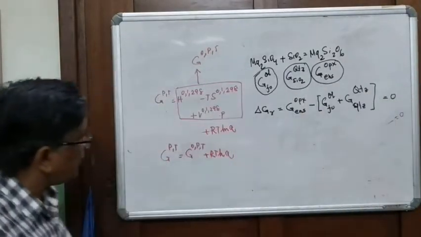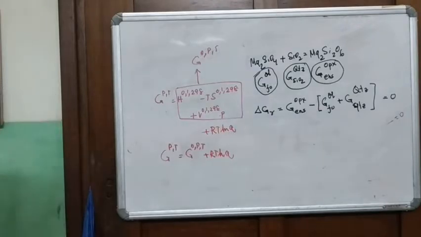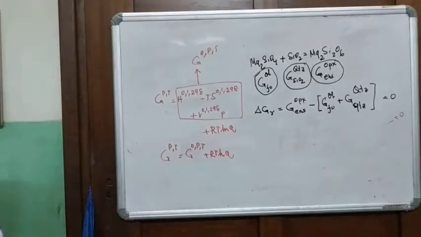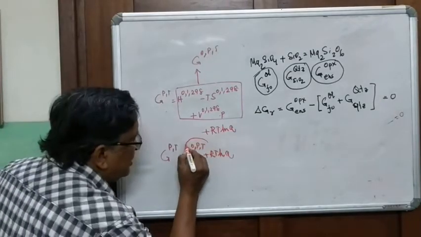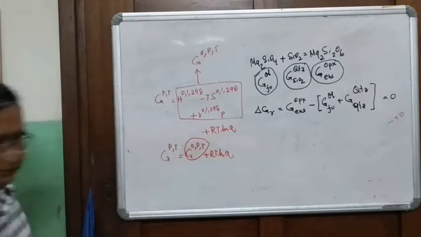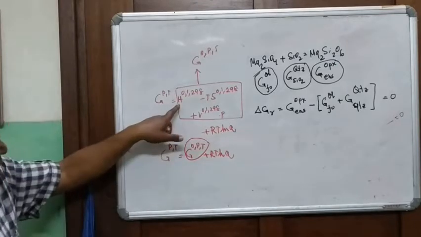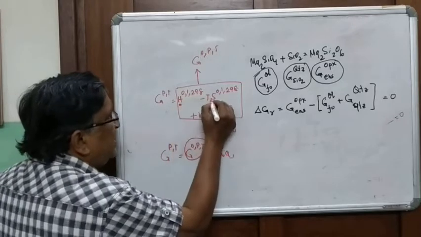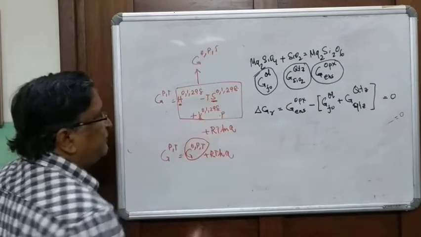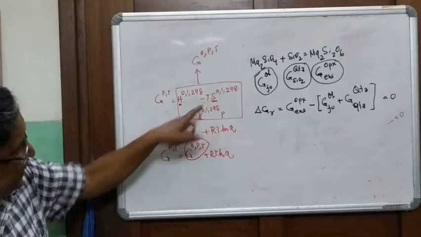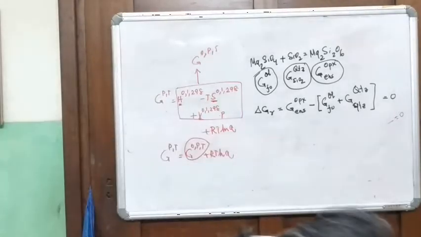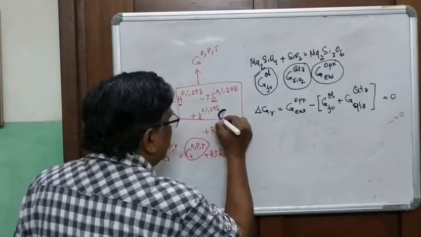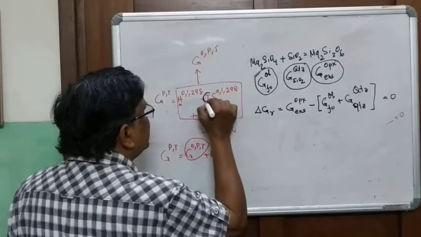Now, if you know the pressure temperature condition, then this term is known. Why? Because to know this, you should know the thermodynamic parameters enthalpy, entropy, and volume. The rest is a function. So the equation is essentially a function of two variables, pressure and temperature.